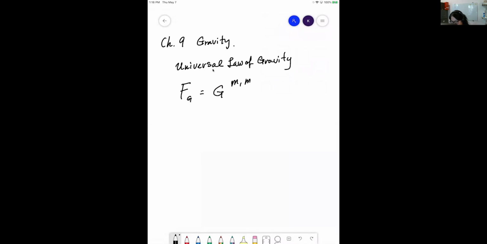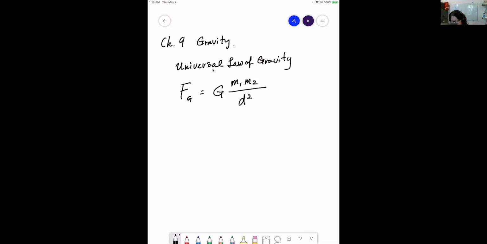Okay, chapter 9, gravity. Let's review the universal law of gravity. Gravity says any object feels the gravitational force due to another object by this.